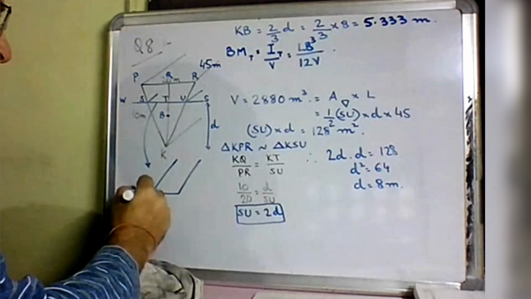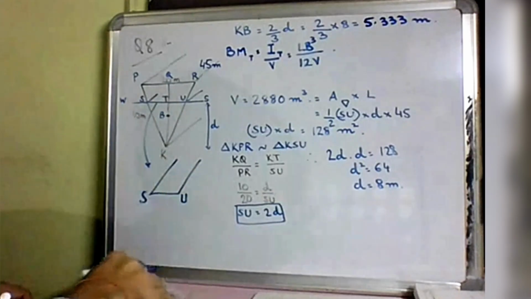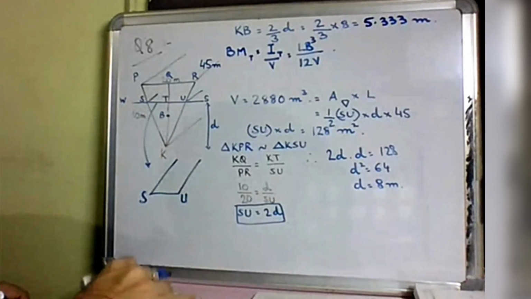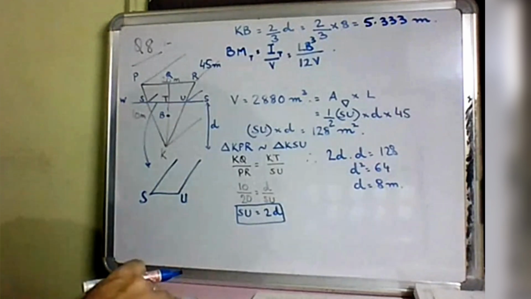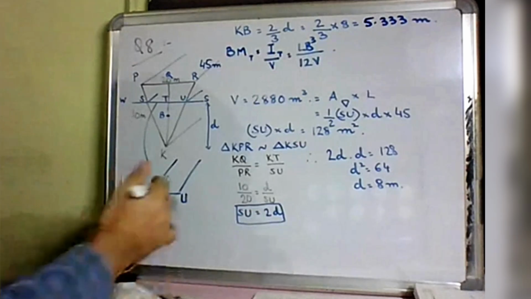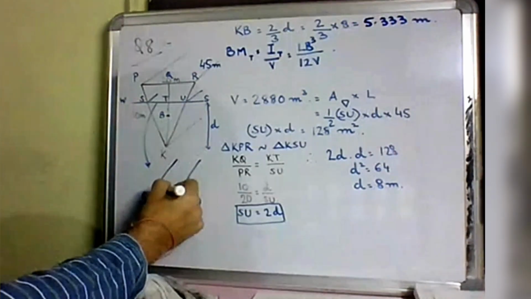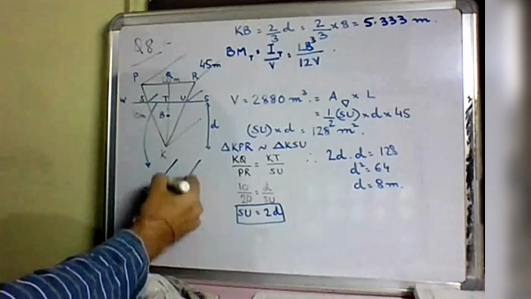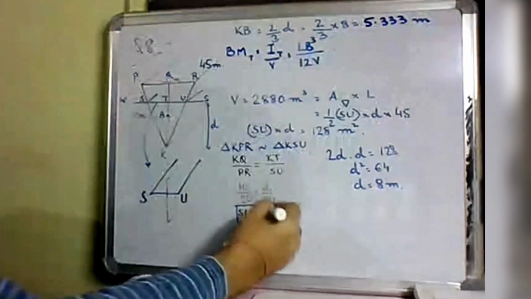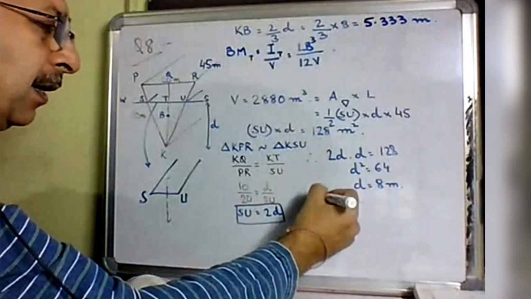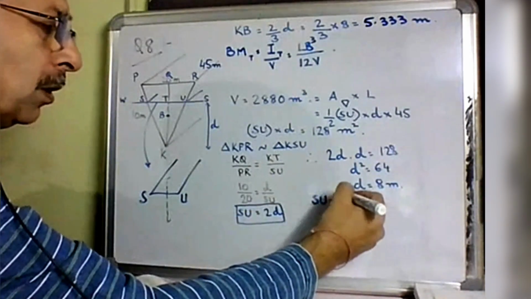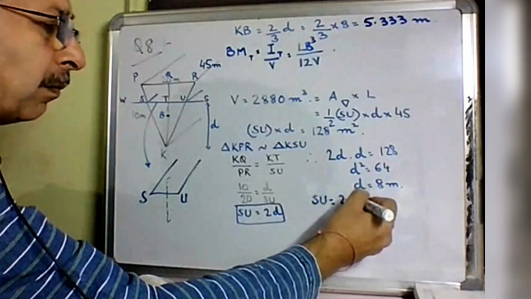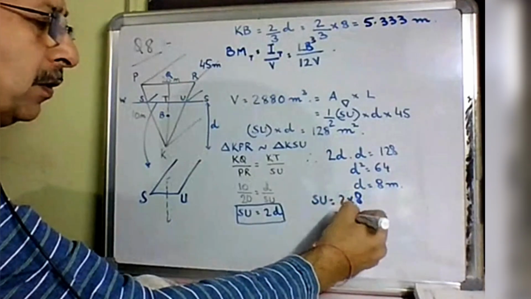This is the water plane that we are talking about. This is the axis we are taking the moment of inertia about. So D is 8, so SU is twice into 8, which is equal to 16 meters.